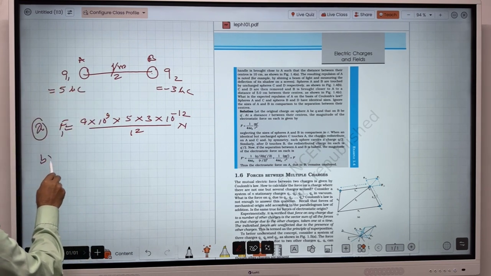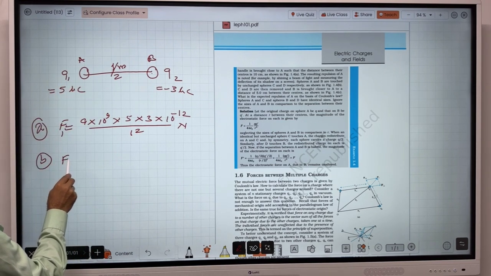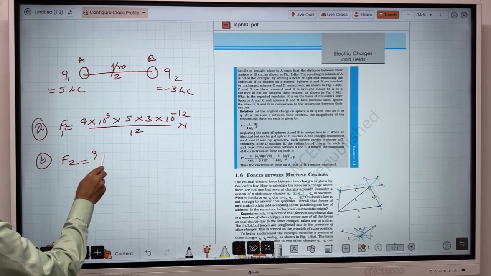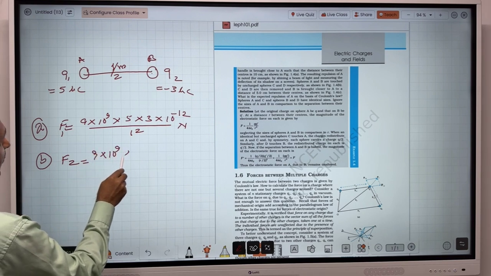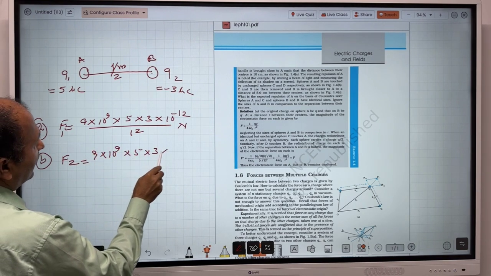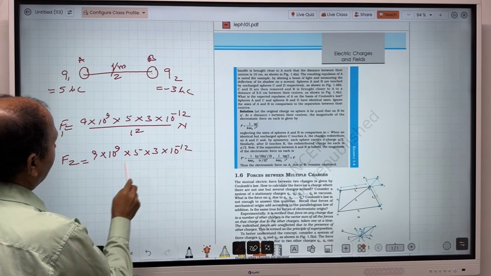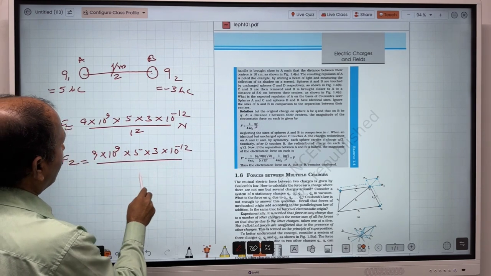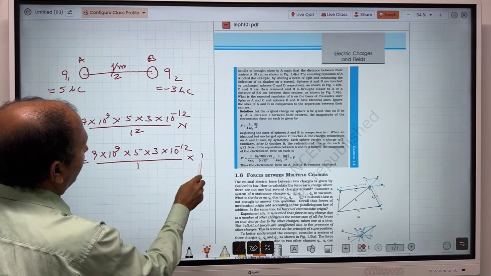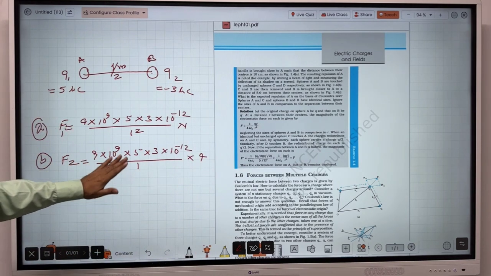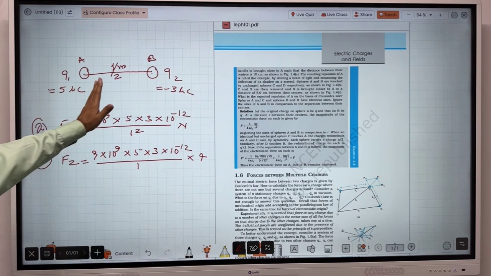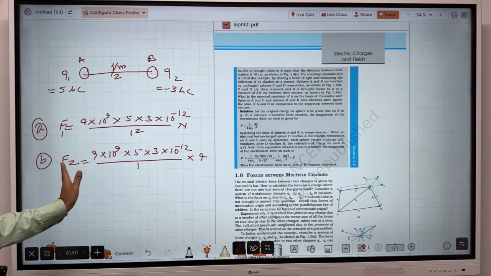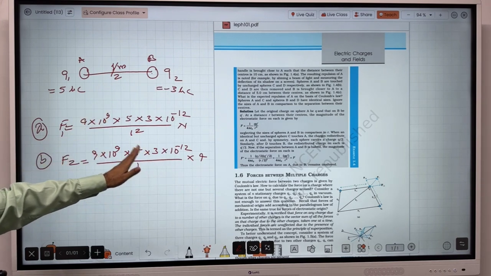In this case, F2 equal to 9 into 10 to the power 9 into 5 into 3 into 10 power minus 12, and then this will become 1 by 2 square. So 1 and here 4. So what are you observing? When distance is halved, force is 4 times.